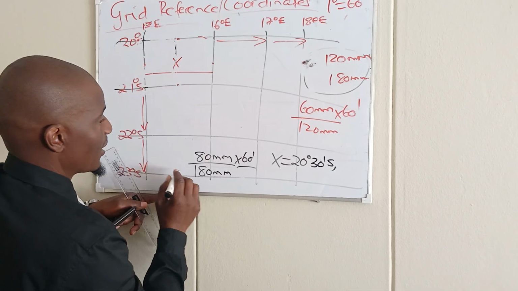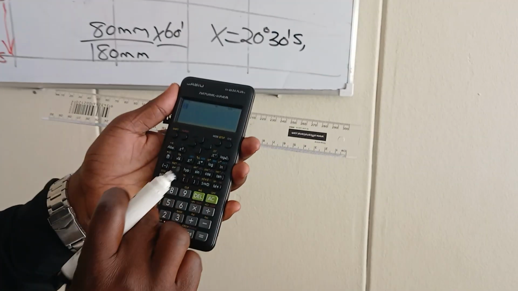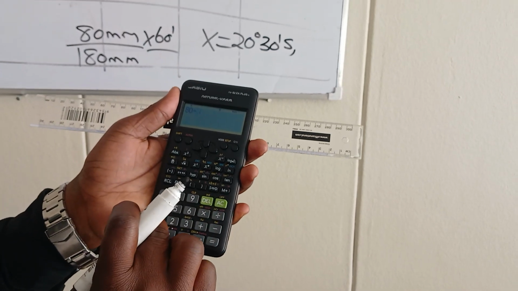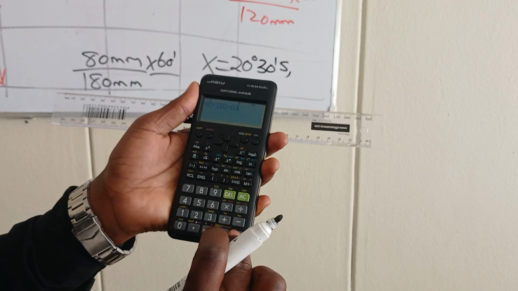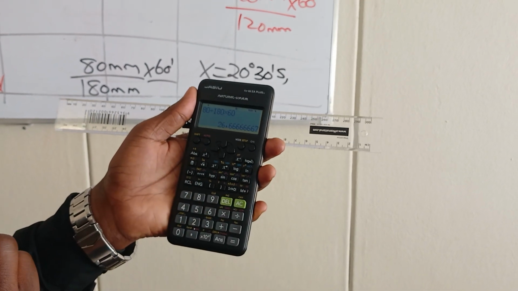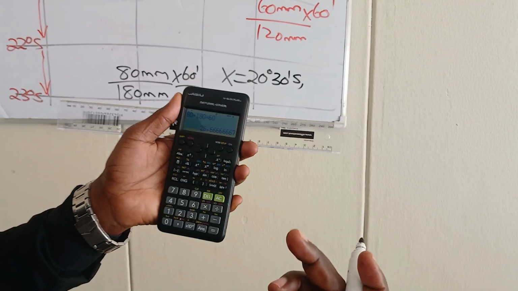I want to find my longitude now. So now it's 80 over 180 multiplied by 60 minutes. What do I get here? I have got 26.6. I'm going to convert it to the next minute, which is 27.